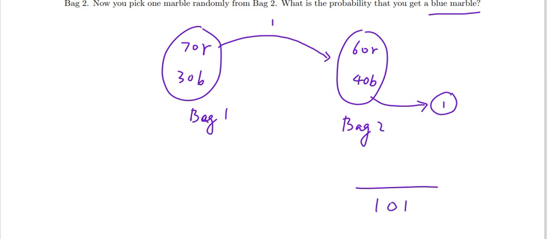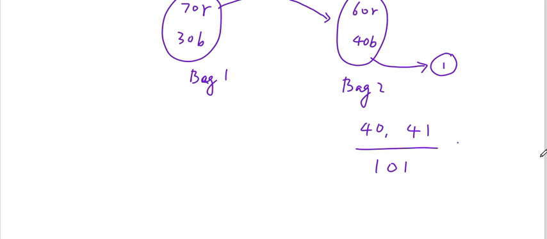So we know the denominator, but we don't know the numerator. So how many blue ones? 40? Or could be 41, right? So here we have 2 cases. We should consider each case. So if this is 40, this means the one from bag 1 is a red one.